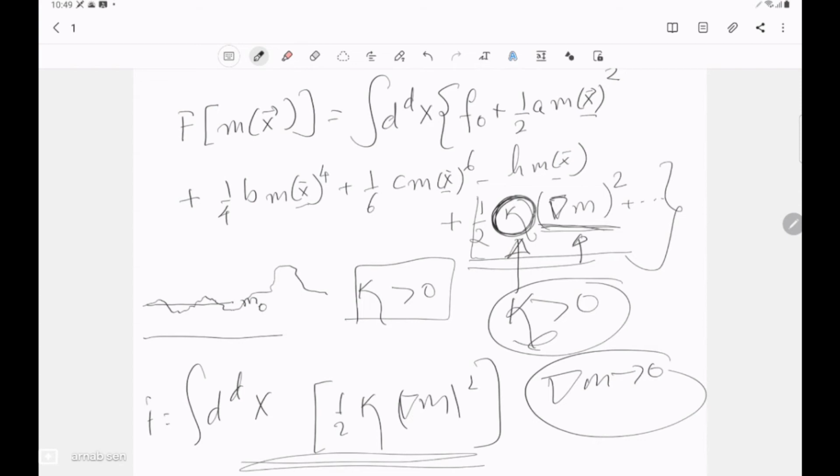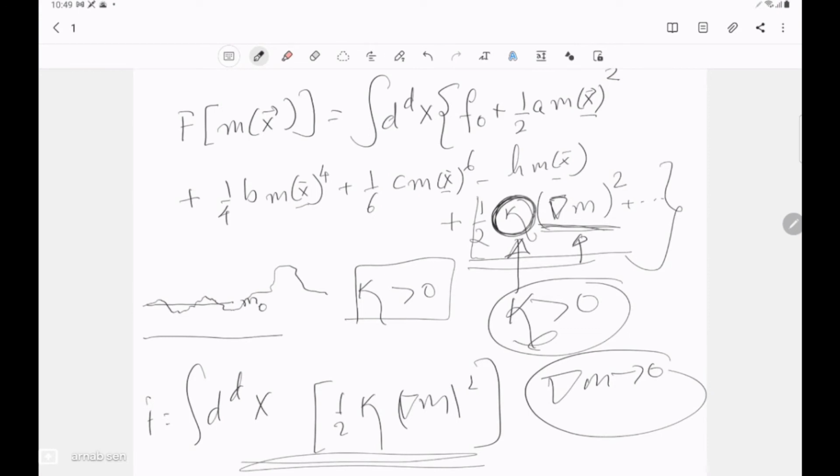This term is basically penalizing the spatial fluctuations in the order parameter field. If the value of kappa is large, then the penalty in the free energy is more. If the value of kappa is small, then the penalty in the free energy is less. Okay, so that's point number 1.